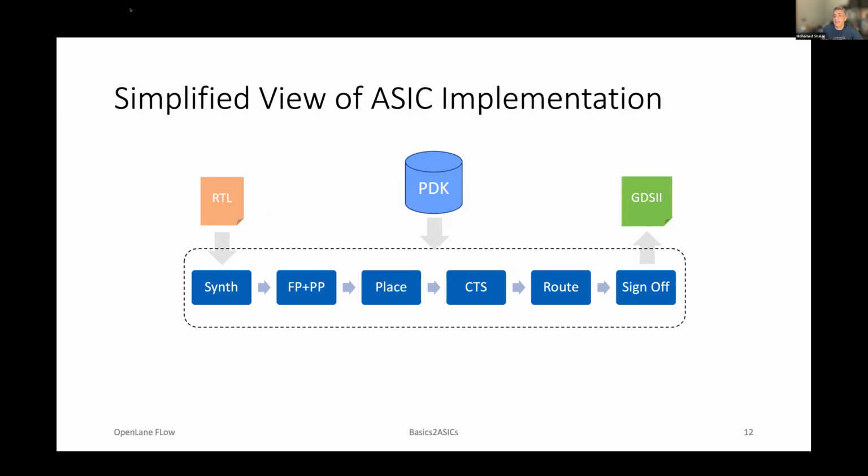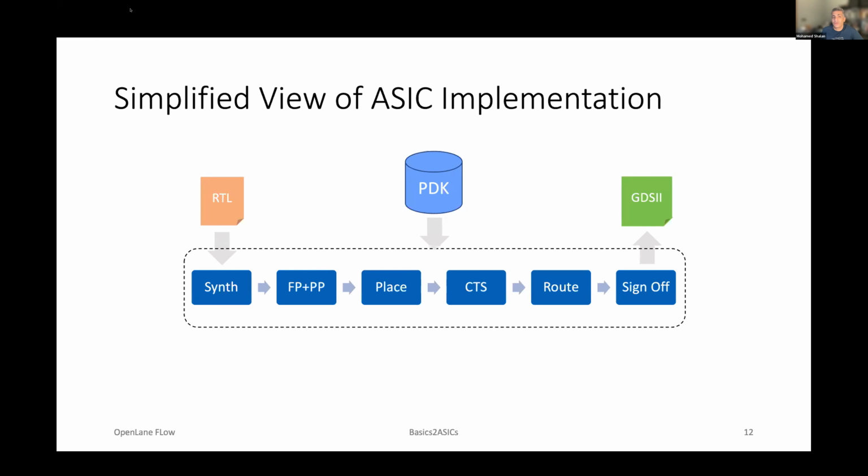Here I'm showing you a very simple view of the flow of steps needed to do that. I'm just showing the major steps, not everything, because there are way more than what I'm presenting here for a successful ASIC implementation.